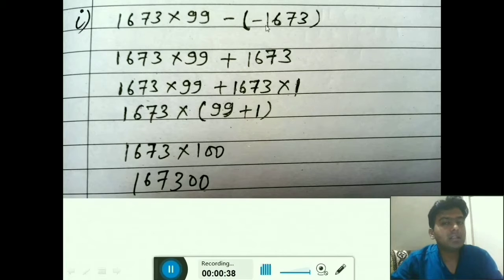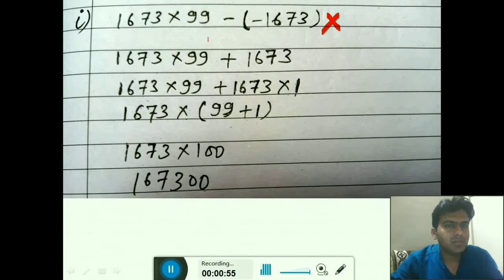The second case is four numbers, but here only three numbers are written, and no number is multiplied with this. So what to do here?